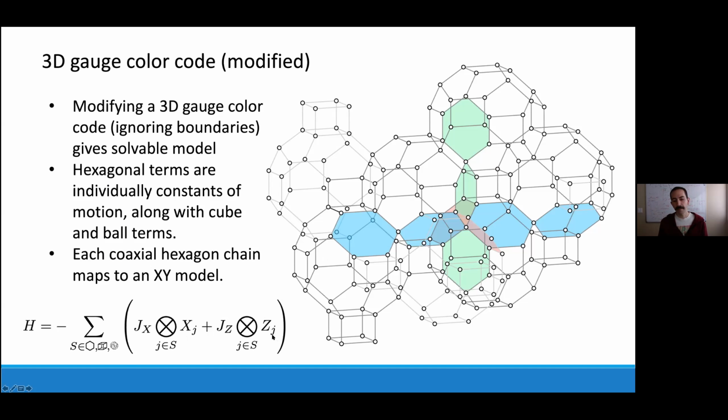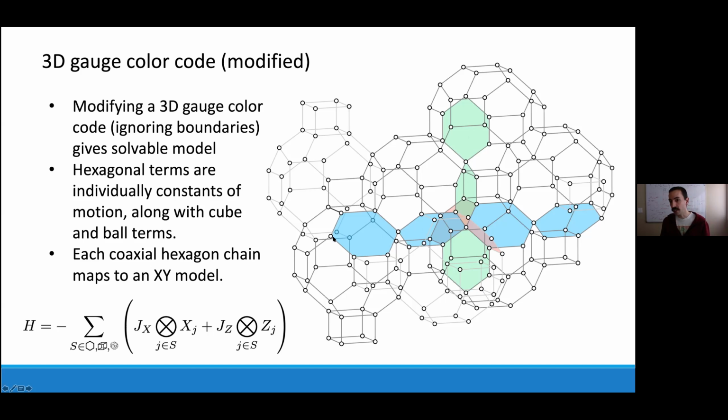And also Z's. The way this works, there are some commutation relations such that along these blue hexagons going this way, or the green ones going up, or the red ones going in and out of the page, each chain is mutually anti-commuting.